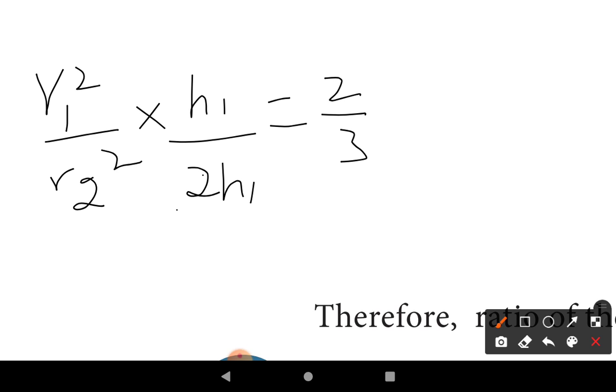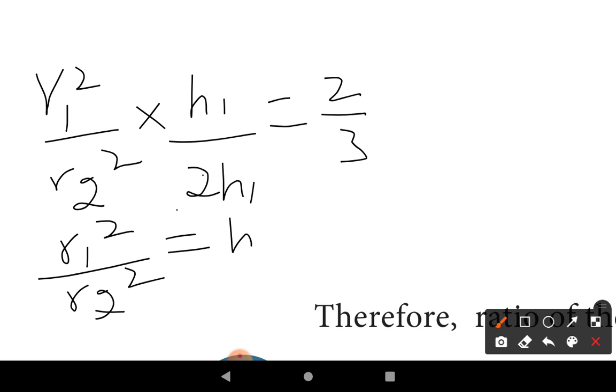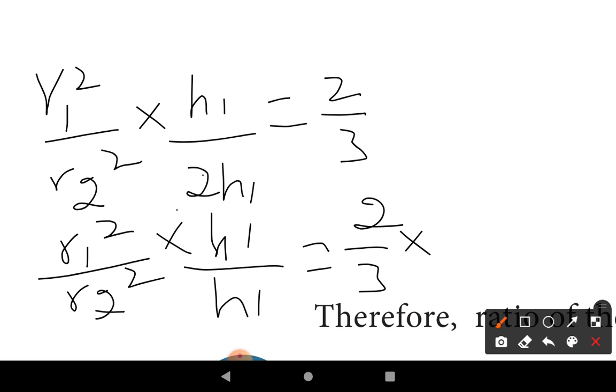So what do you do in the next step? r1 square divided by r2 square into h1 by h1. Take this 2 to that side. What happens to this? It is division, so it goes as multiplication.